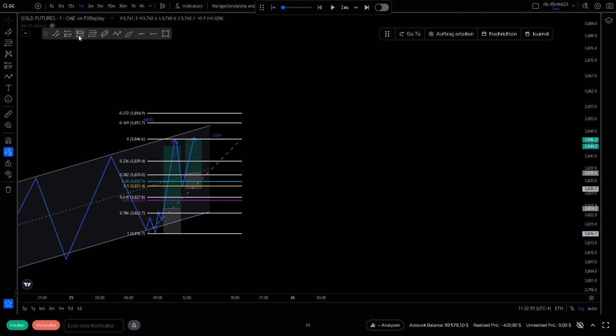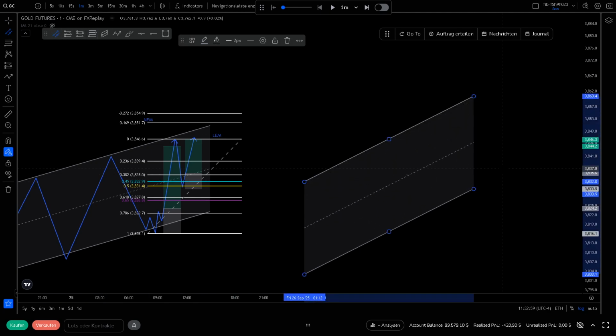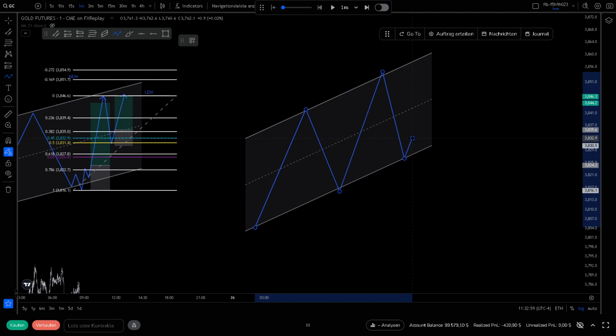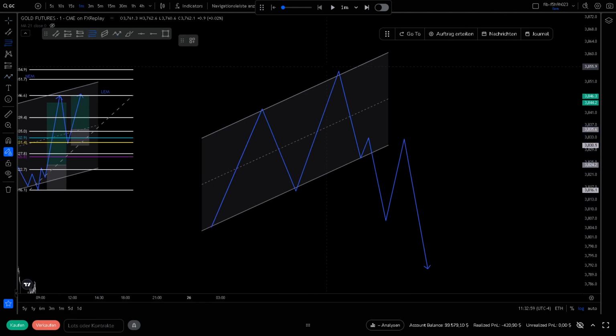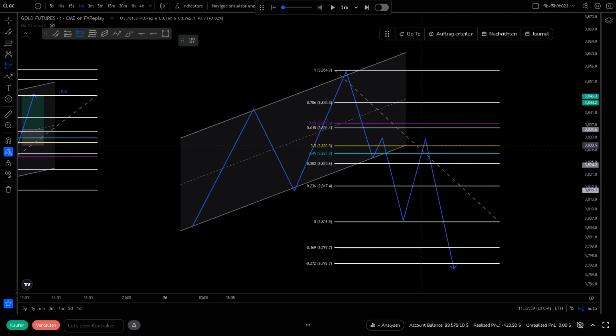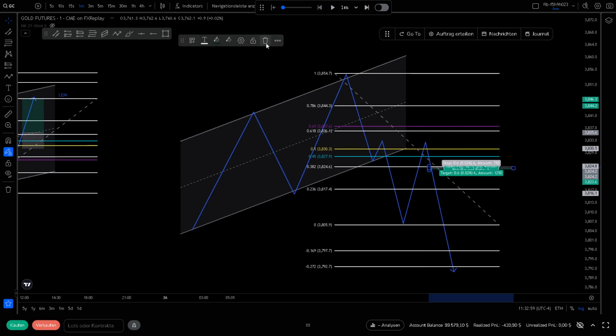Then let me draw a new one. What we also have here is obviously break, retracement, this is called, what is happening now?